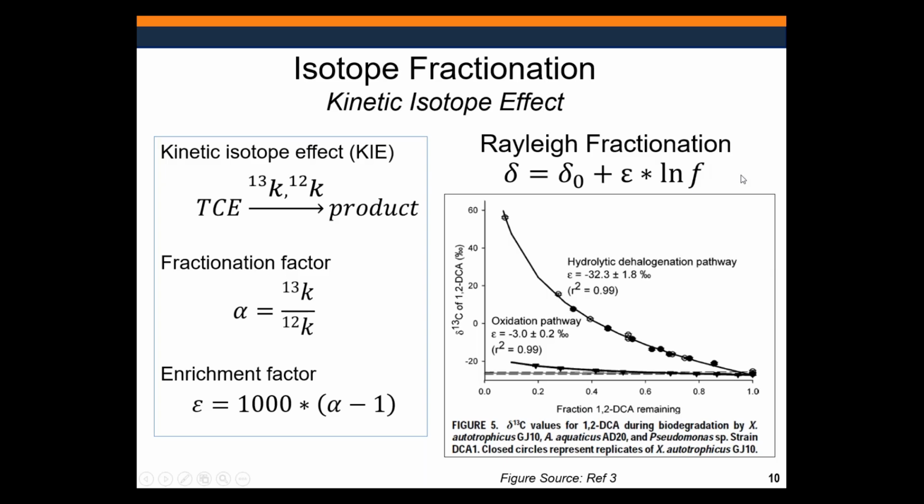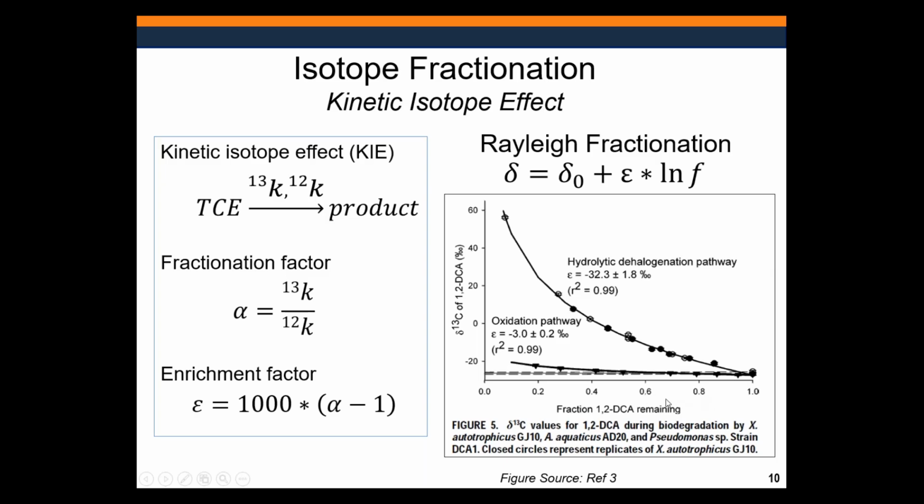So if we take a look at this figure from a fairly recent paper, and the references to all of these different figures that I show are in the back, and you're welcome to get a copy of this presentation at the end. Essentially what we see here is DCA degrading. In this case, these are biological studies. So we have 100%, then 80, 60, 40.